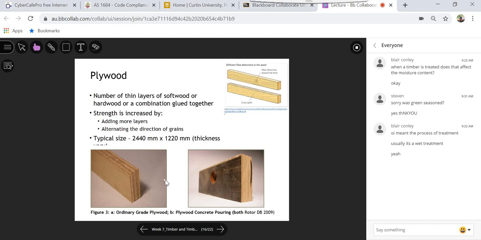When we manufacture plywood, we have thin layers of timber, which could be softwood or hardwood. Those thin layers we glue together. To increase the strength, we can add more layers. When we add more layers, the thickness is higher and they become stronger.